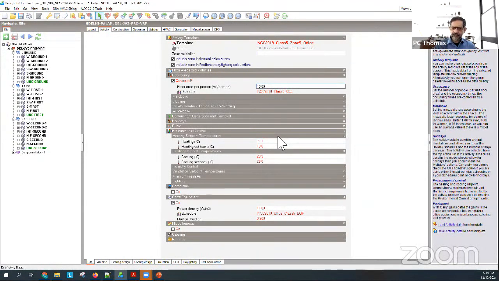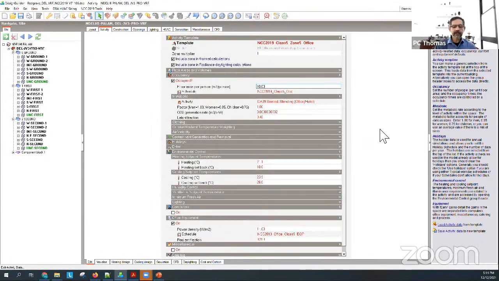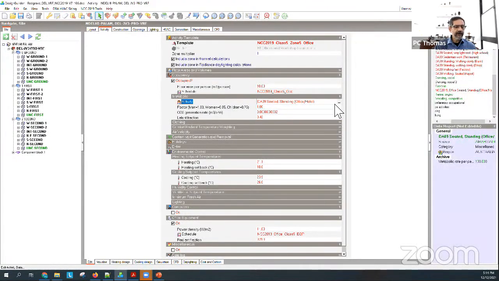Okay, so you know that there's one person every 10 square meters. How much heat energy does a person produce? That you need to put in this thing called metabolic rates. Now again, NBC, ISHRAE, ASHRAE, they all have standard parameters, and you can go and look at that. We use in Australia something called AIRAH, which is the Australian Institute of Refrigeration, Air Conditioning and Heating.